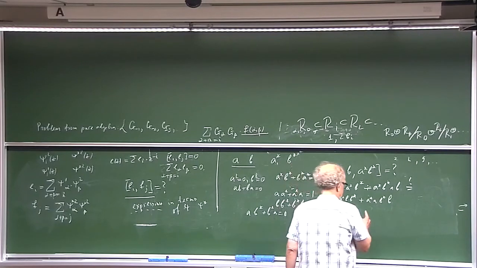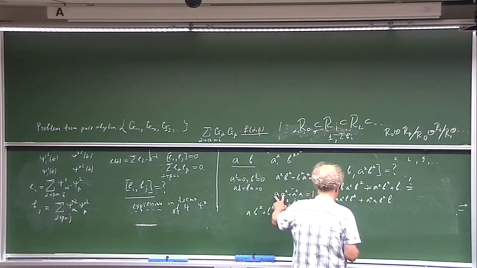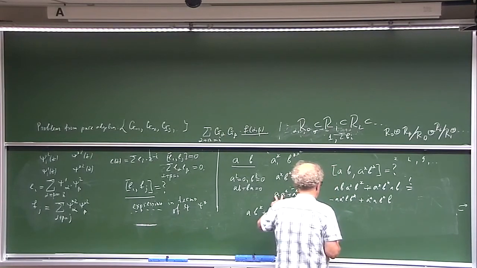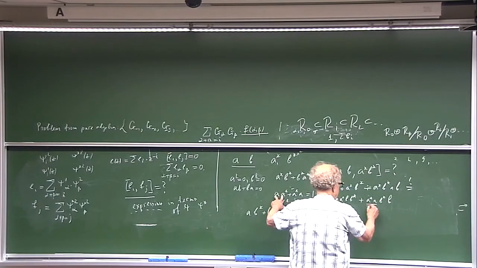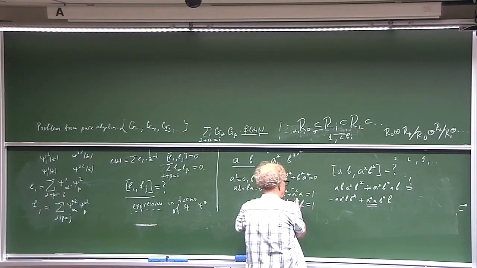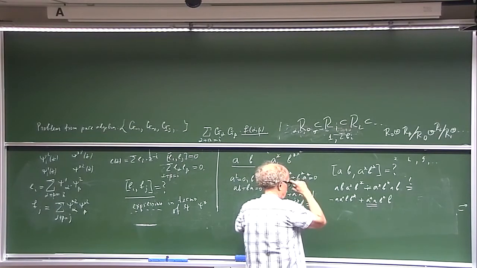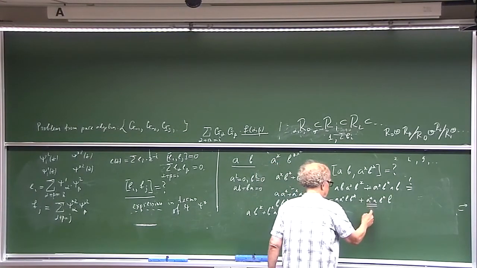I can, using this relation, no, because this is almost this up to 1. So it means that these things is what?